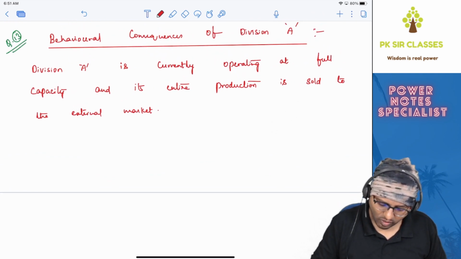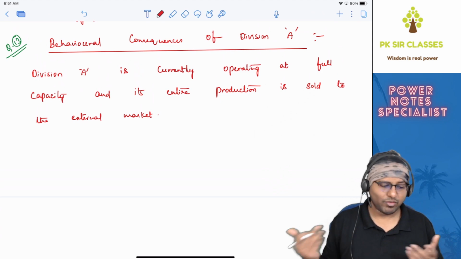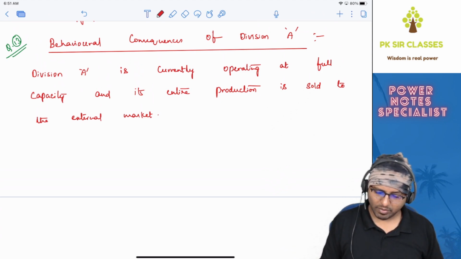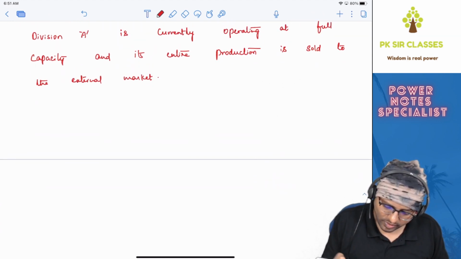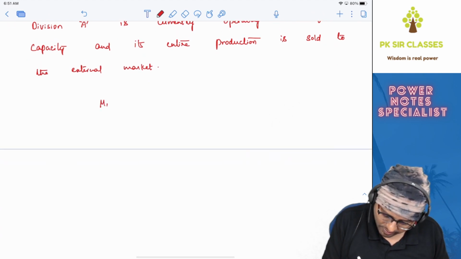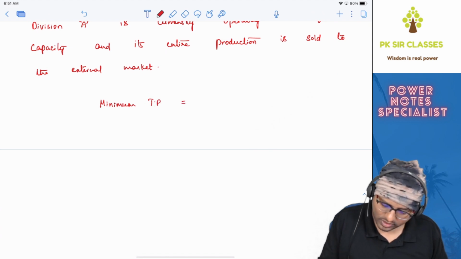When I'm writing, also observe how I'm picking the sentences. That's important for you from an examination perspective. So division A is currently operating at full capacity and its entire production is sold to the external market. That's the most important thing we need to understand. And now we can go with minimum TP. You know the concept?